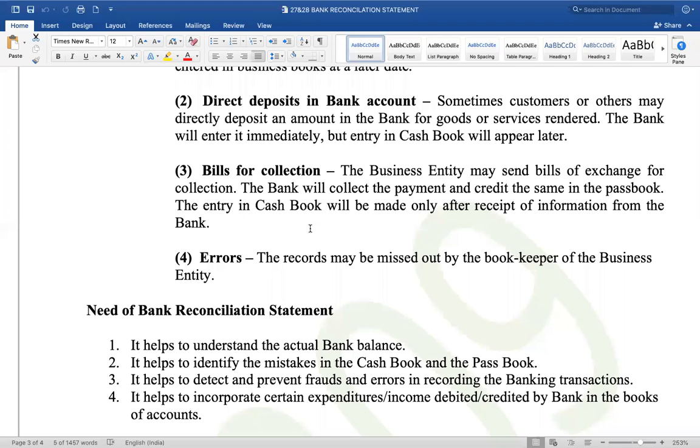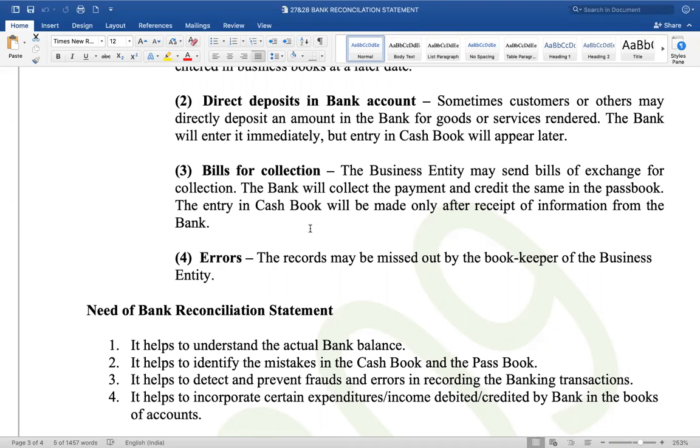But generally, if this phone number message system is not there, as in the olden days, the amount of interest is credited in your account as per passbook, but the same is not known to you.